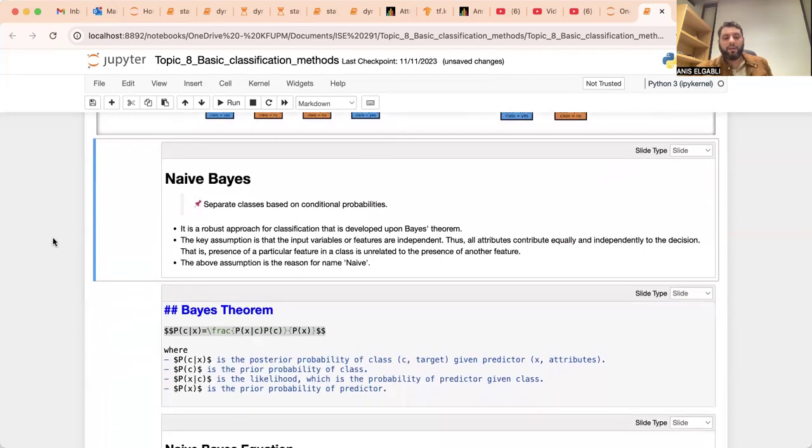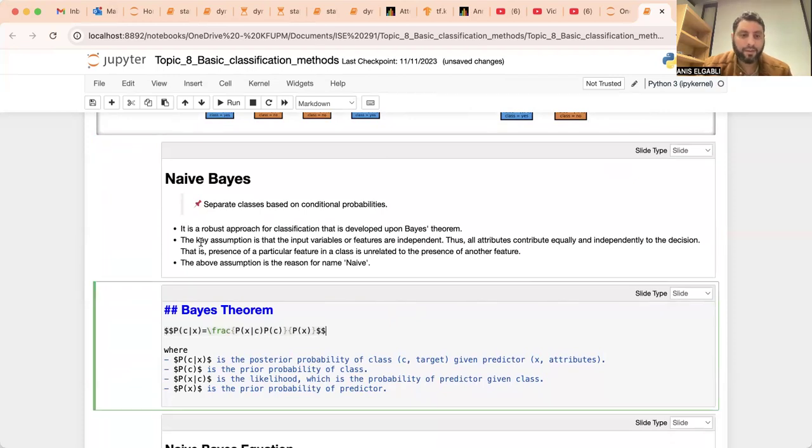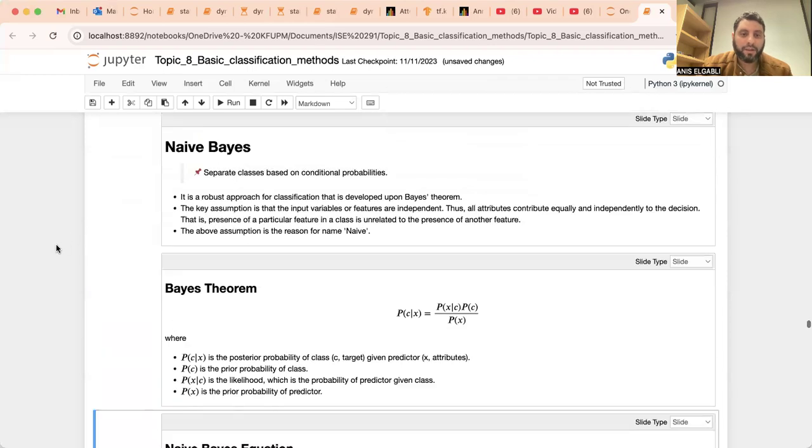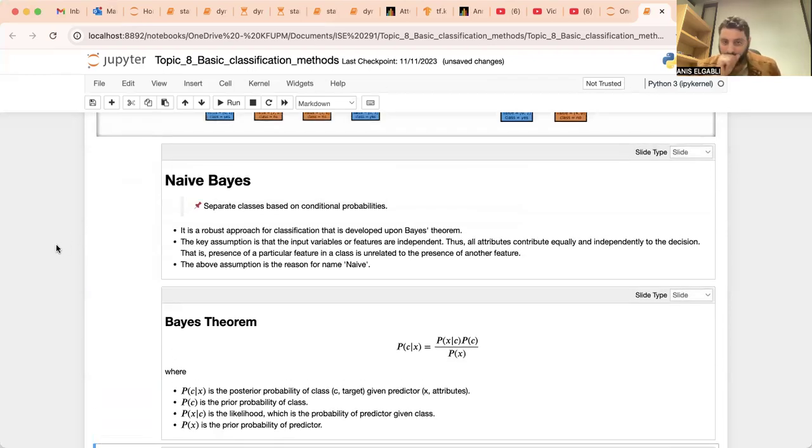Now we come to another method that is used for classification called naive Bayes, or Bayesian learning. So the idea simply relies on Bayes' theorem. This is Bayes' theorem.